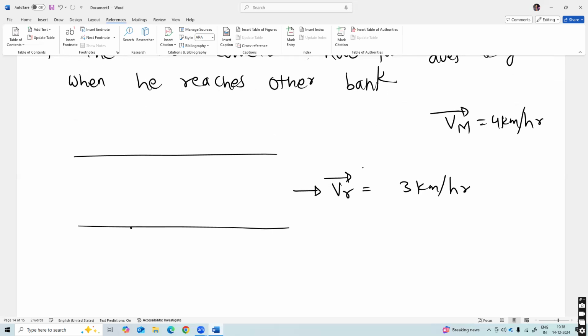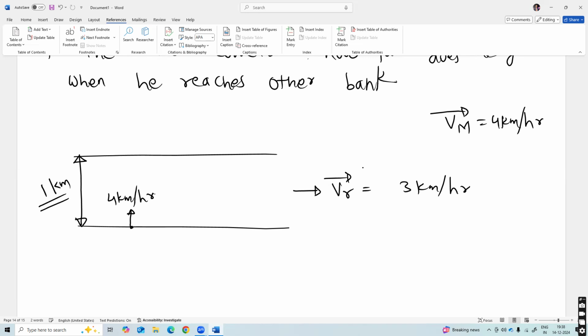The man is standing at this point. They are telling us he starts motion normal, meaning perpendicular, to the direction of flow. The width of this river is 1 kilometer, and he starts at 4 kilometer per hour normal to the flow.